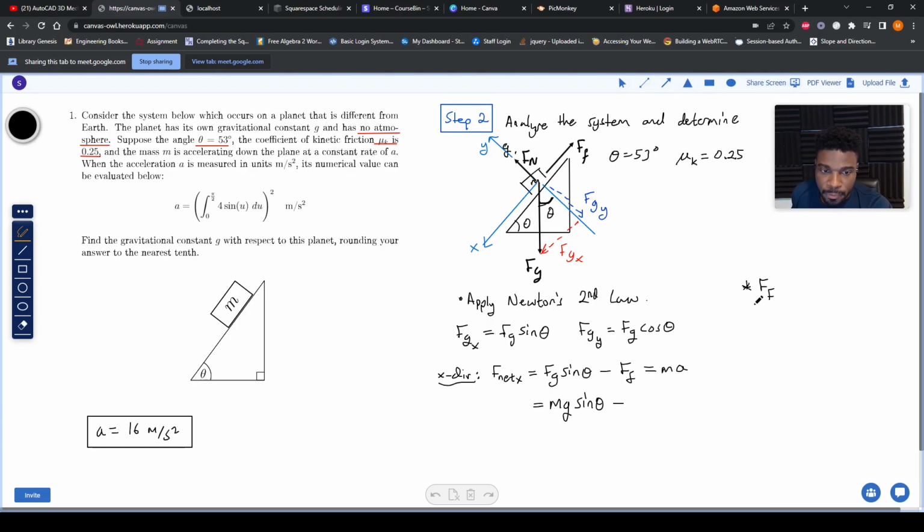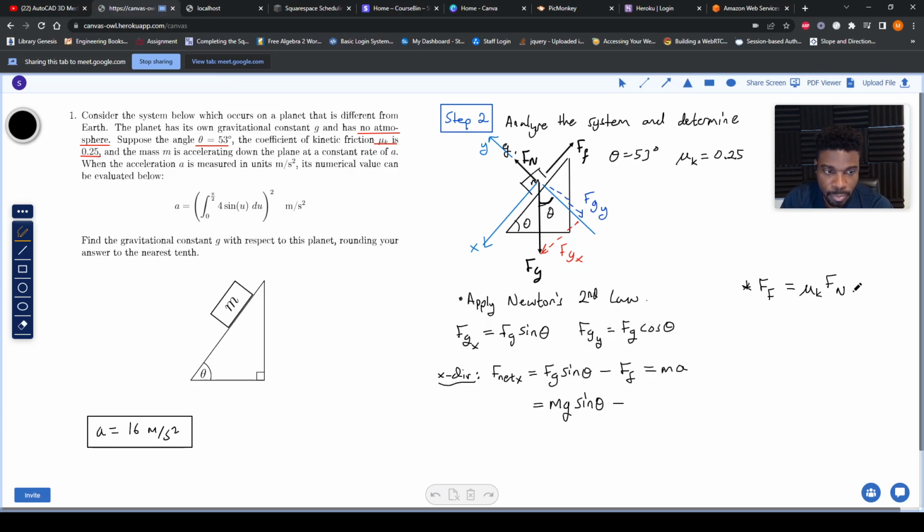Do you remember the formula for friction? It's the kinetic frictional coefficient times the normal force. Right, kinetic friction coefficient, which is mu k, times the normal force, F sub n. Now, how do we get this normal force here?